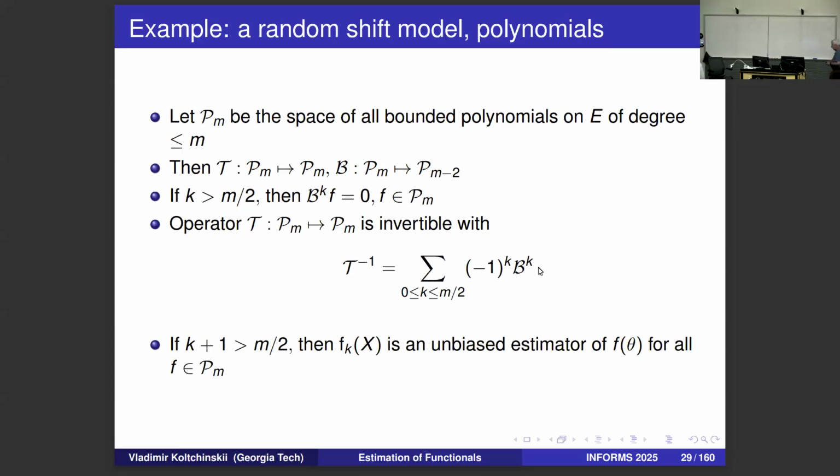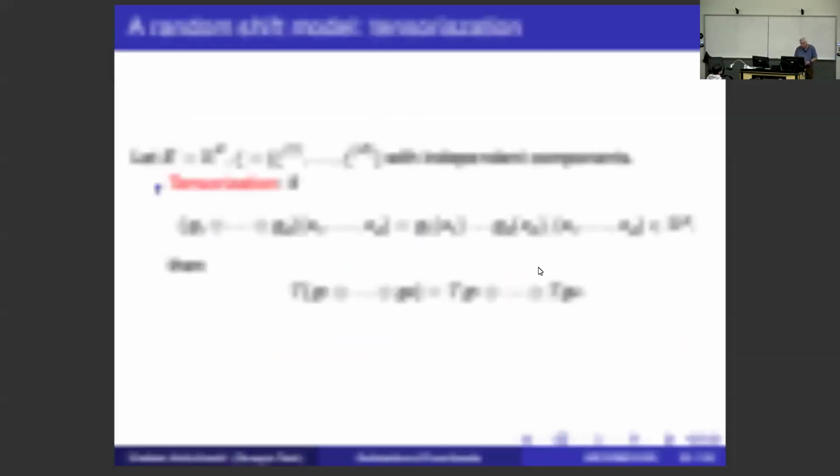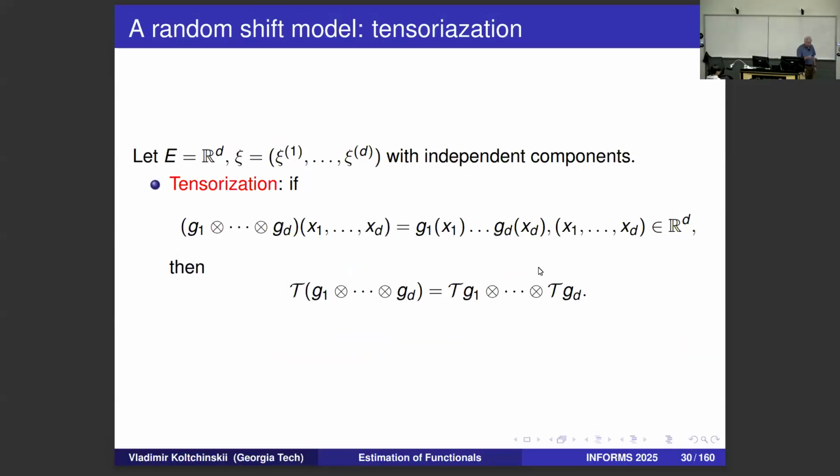Okay, let's look at one more useful property of these operators that we are dealing with here. If you look at the case when E is R^d, d-dimensional Euclidean space, say, and Xi is a vector with independent components, this is the noise vector, it has independent components in this case.